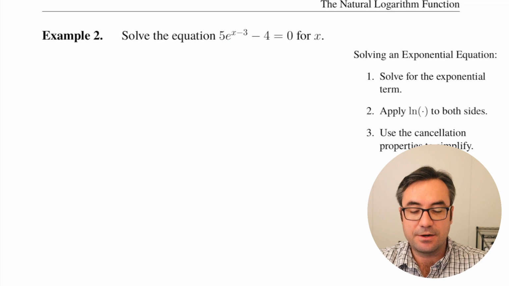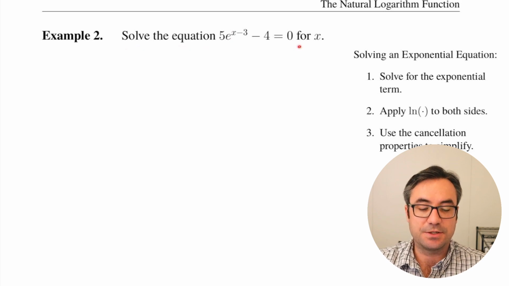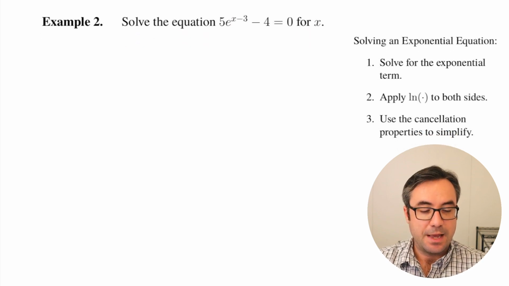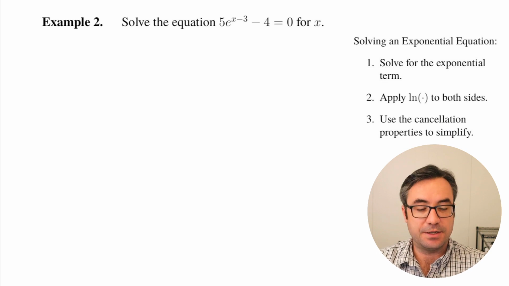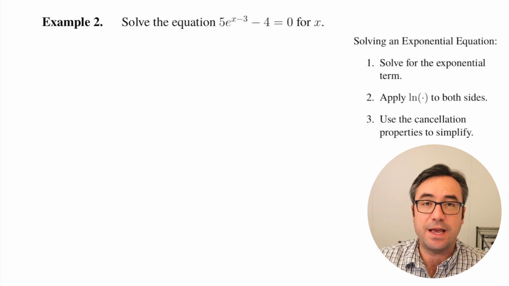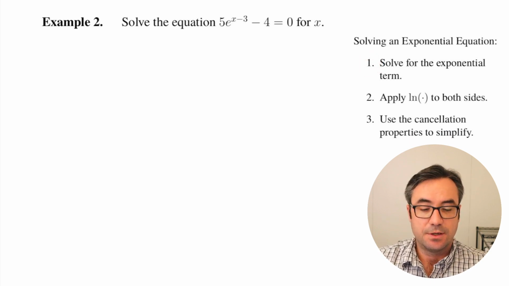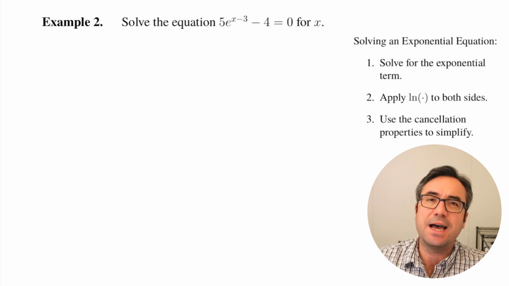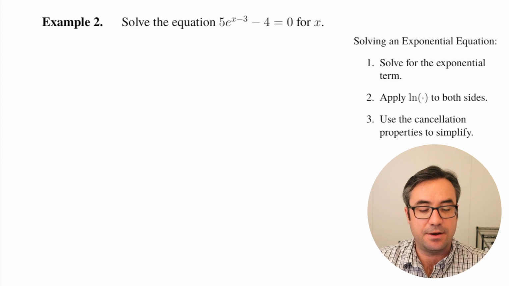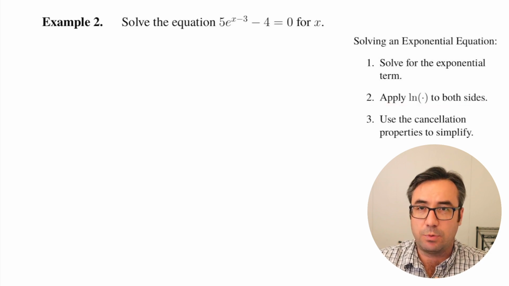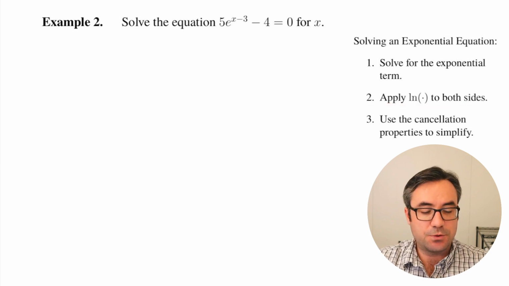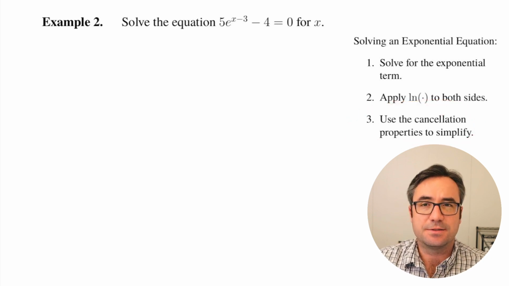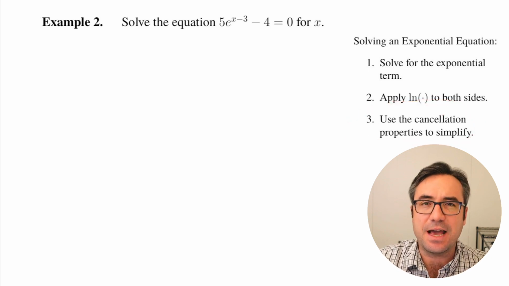So we're going to see how to solve exponential equations for x. And the main strategy here is step one, we want to solve for the exponential term first. And then once we have the exponential term on one side and everything else on the other side, we're going to apply natural log to both sides. And then once we do that, we're going to be able to use that cancellation property to get the x out of the exponent.